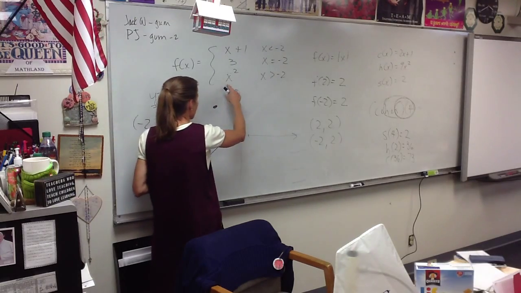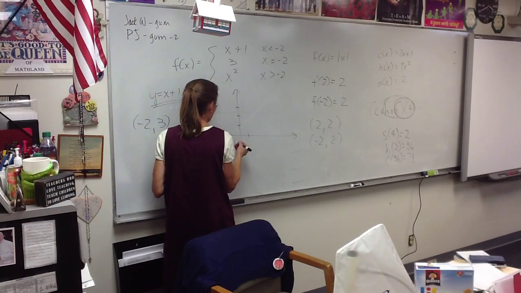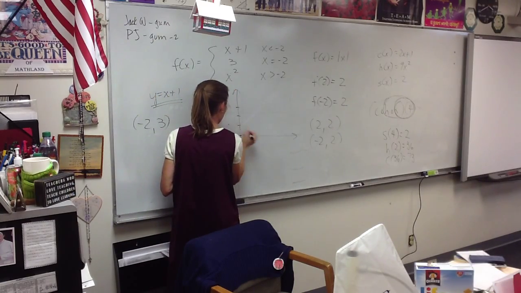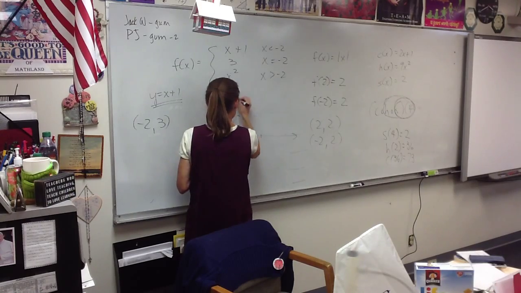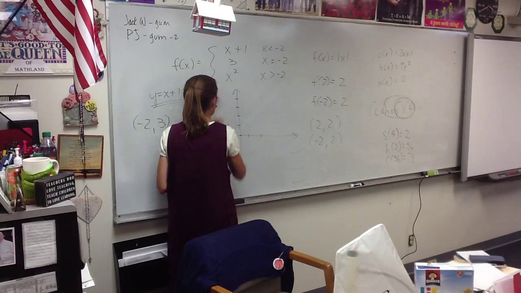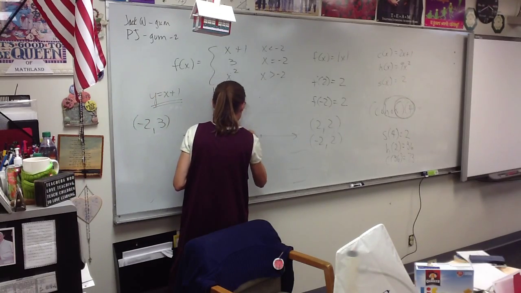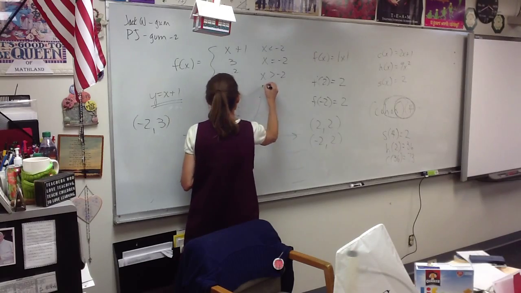Okay, what's this? That's your parabola. And just so I get a good shape here, I'm going to go ahead and plot a couple of points. Very nice shape. So there's my parabola.